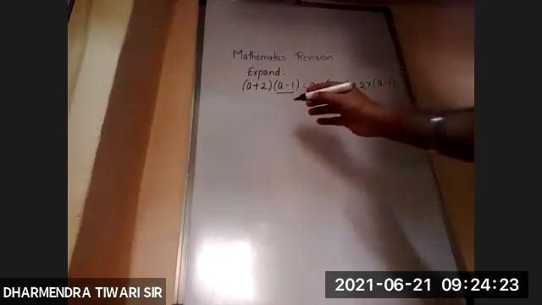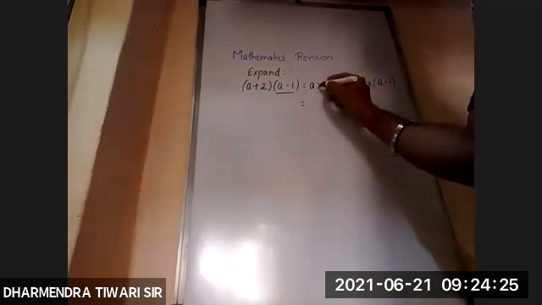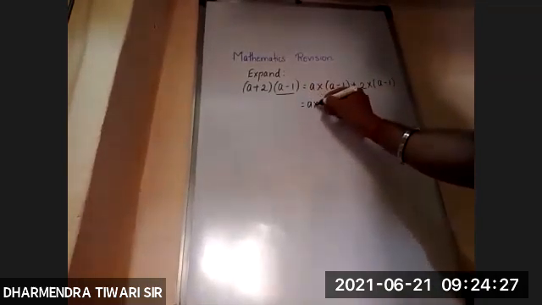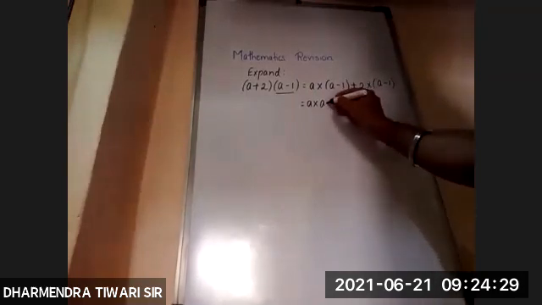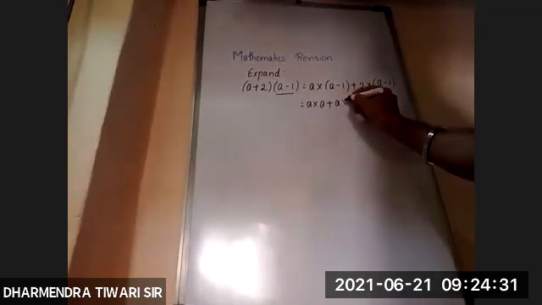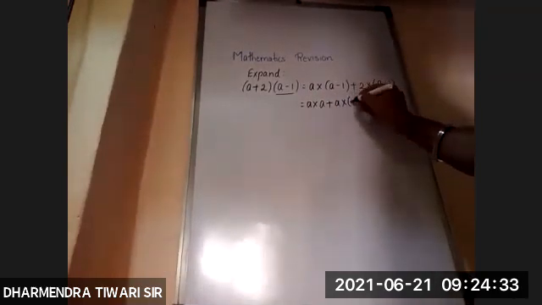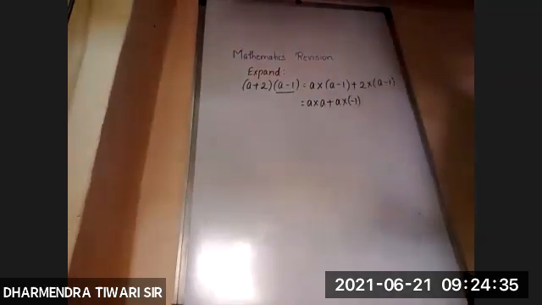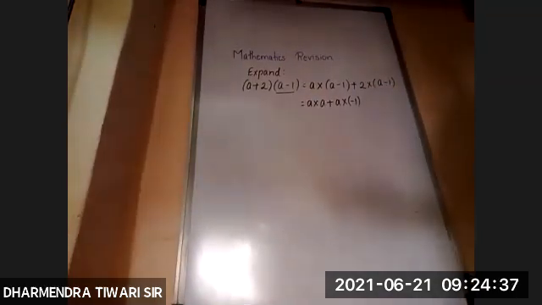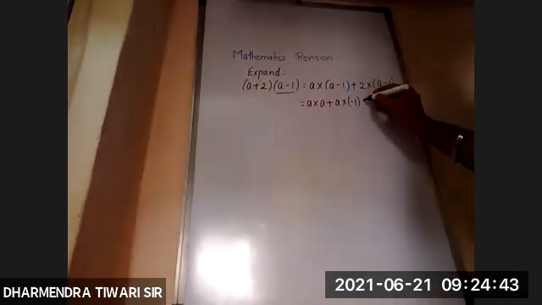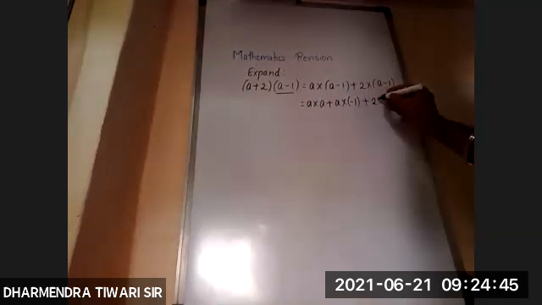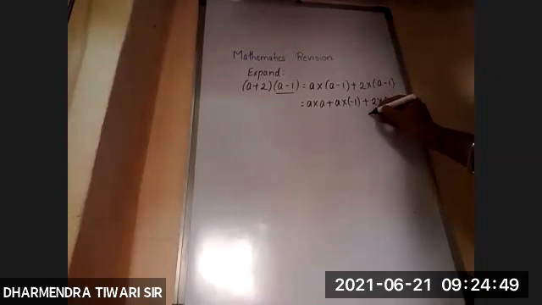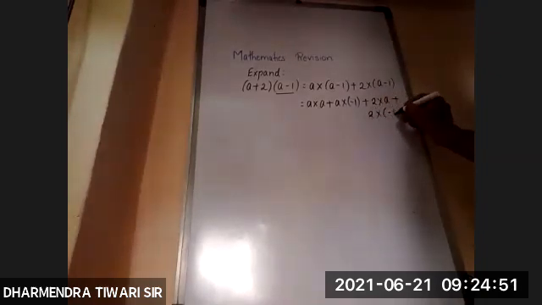After this, what we need to do? a into a plus a into (minus 1). Whenever you're having minus 1 or minus 2 or a term with a minus sign, just take it in a bracket. Plus 2 into a plus 2 into (minus 1).